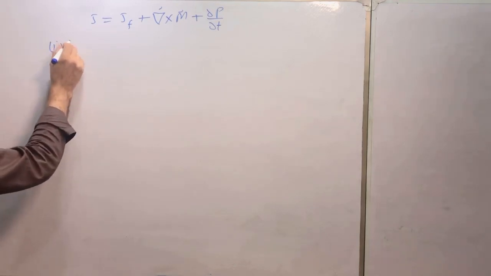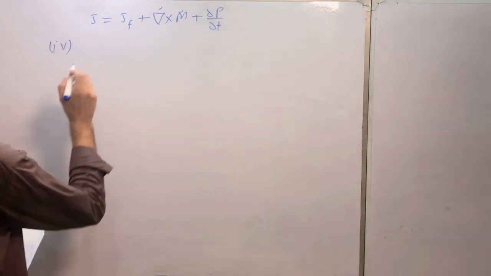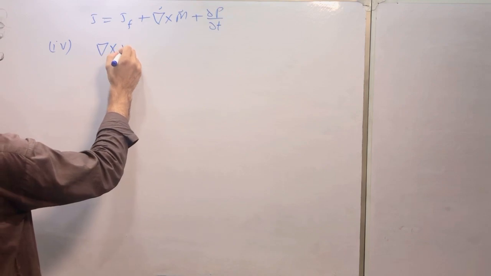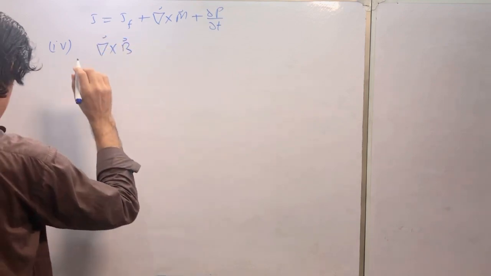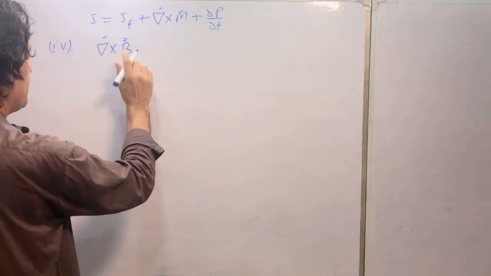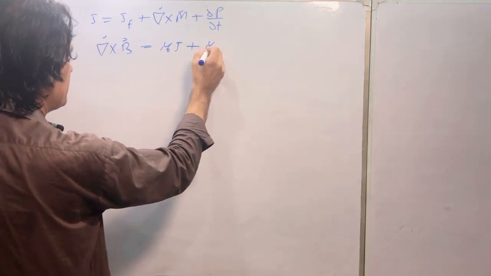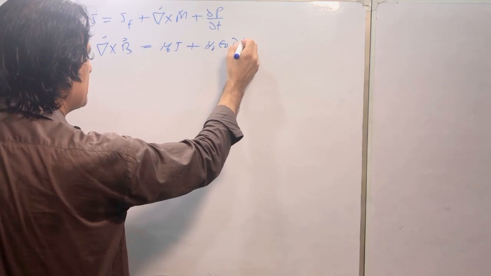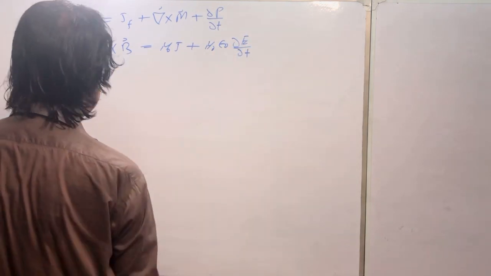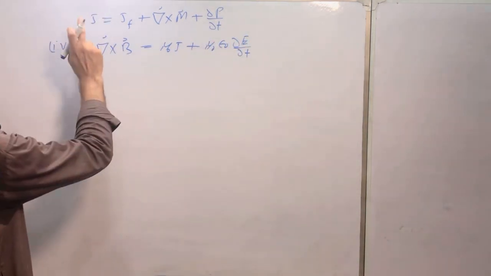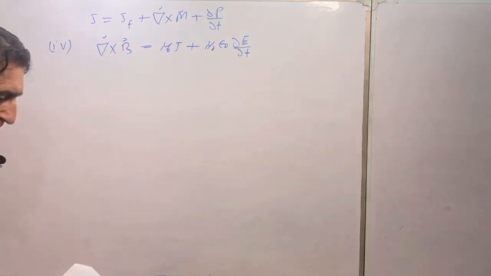The fourth Maxwell equation, we know, is curl of B equal to mu naught J plus mu naught epsilon naught partial E divided by partial T. We know about this. Now J is this one.